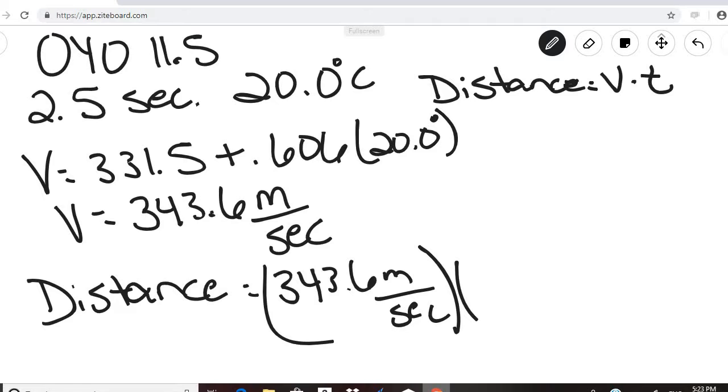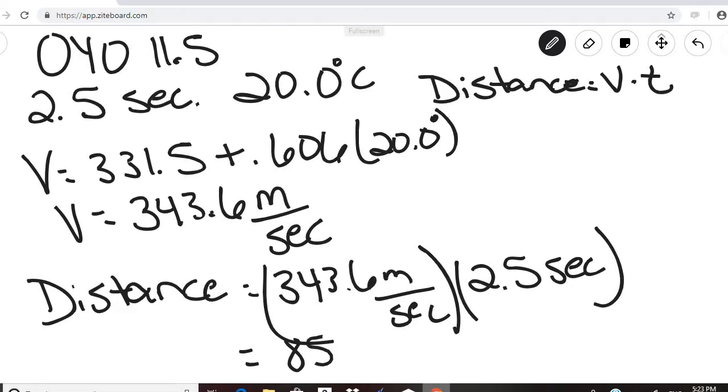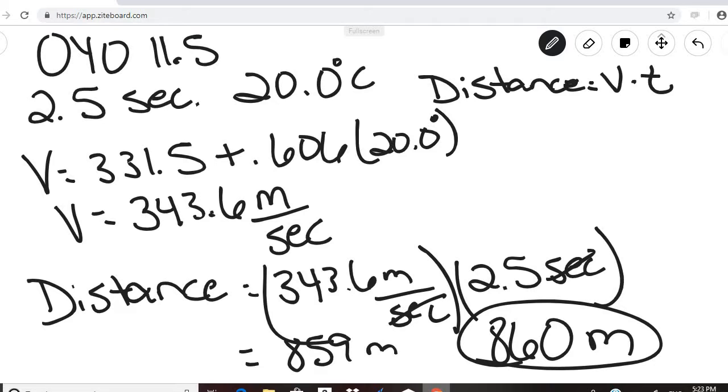It took 2.5 seconds to get there, so we're going to be limited to two significant figures. So this comes out to 859 meters, because seconds are going to cancel. So with two significant figures, it would be 860 meters. So the lightning, if it takes 2.5 seconds to hear the thunder, was 860 meters away.